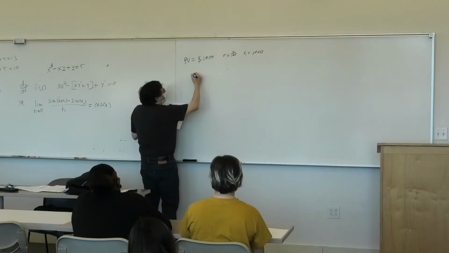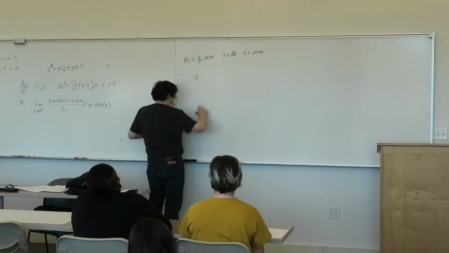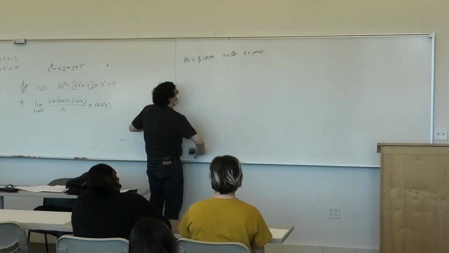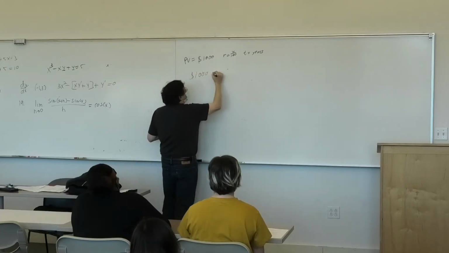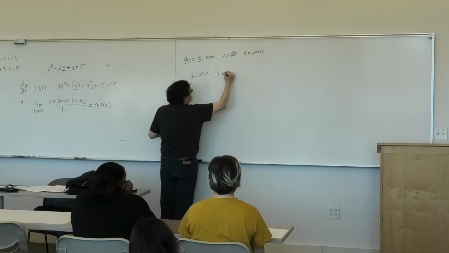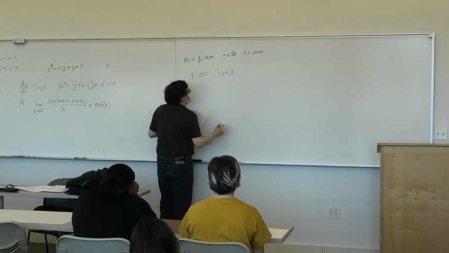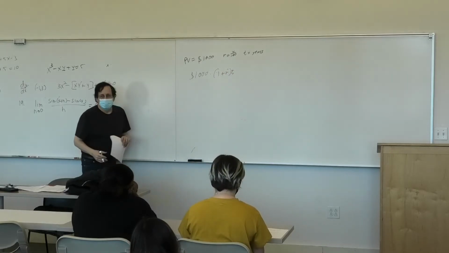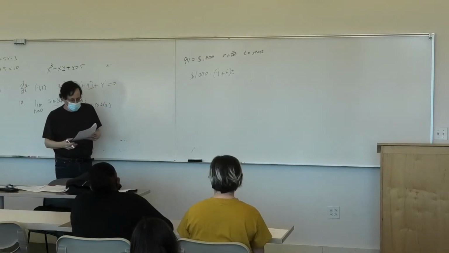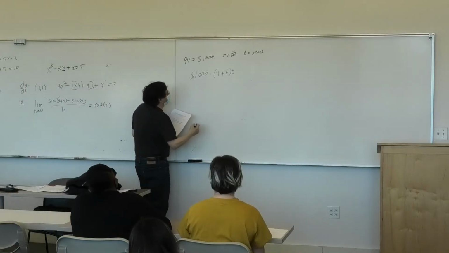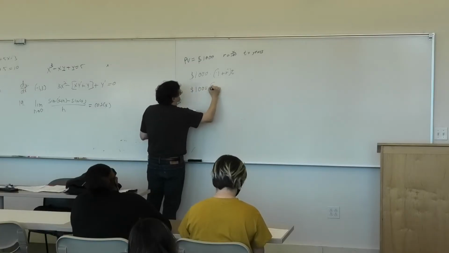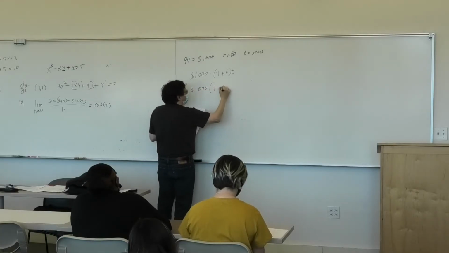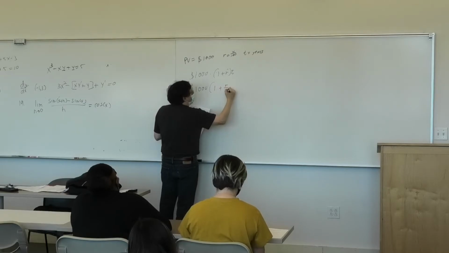So someone wrote $1,000 times 1 plus RT. Well, that was true. Some people thought a little further ahead and said, all right, 1 plus R over N, to the NT.